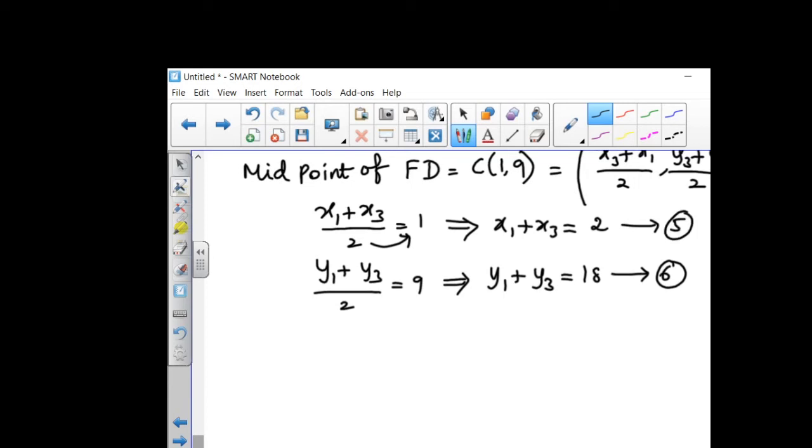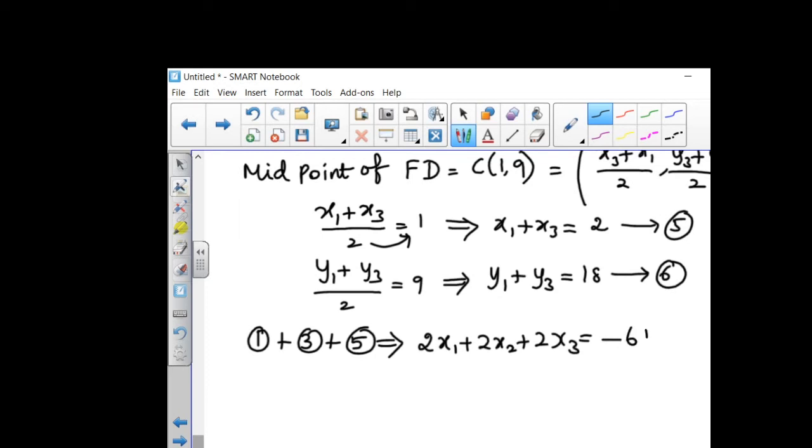Okay. Already we did the method. So what we have to do? We can add equation number 1 plus 3 plus 5. Okay. So what do you get? So we have 2x1, 2x2 and 2x3. Left hand side if you add, you will get 2x1 plus 2x2 plus 2x3. That is equal to the right hand side, minus 6 plus 0 plus 2.